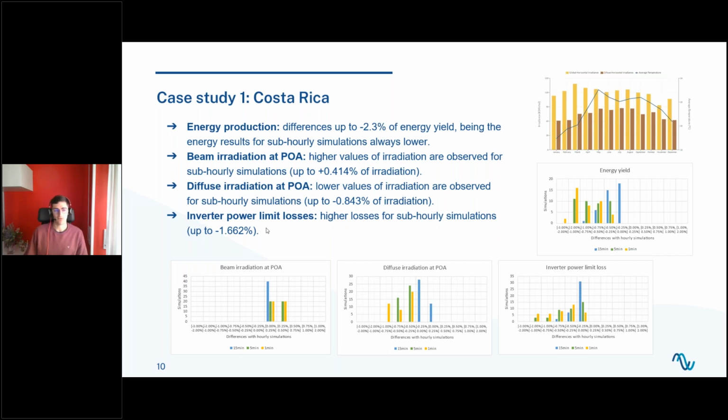As I mentioned before, for inverter power limit losses, the results were always lower and higher losses for sub-hourly simulations, with differences up to minus 1.6%. And we can observe from the three graphs how, as we go towards 1 minute simulations, the differences are higher when compared to hourly simulations.